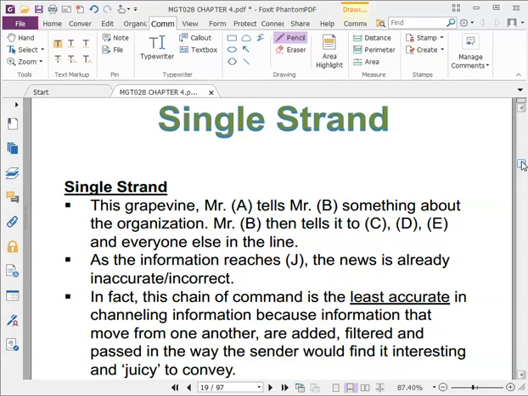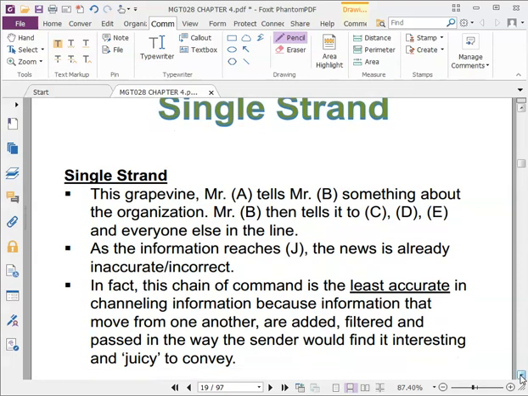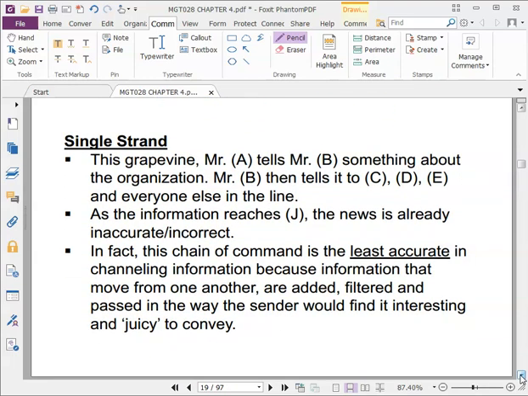Okay, as the information reaches the end, the news is already inaccurate. In fact, this chain of command is the least accurate in channeling information because information that moves from one person to another is added to, filtered, and passed on in the way the sender would find it interesting and juicy to convey.